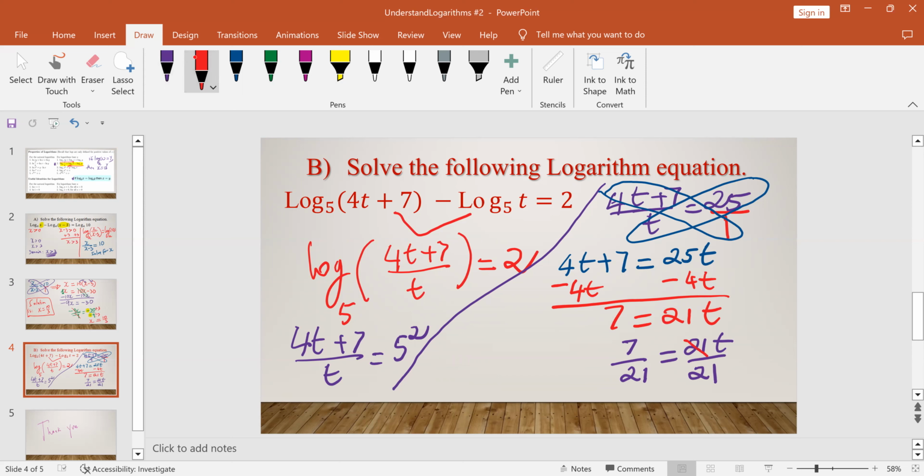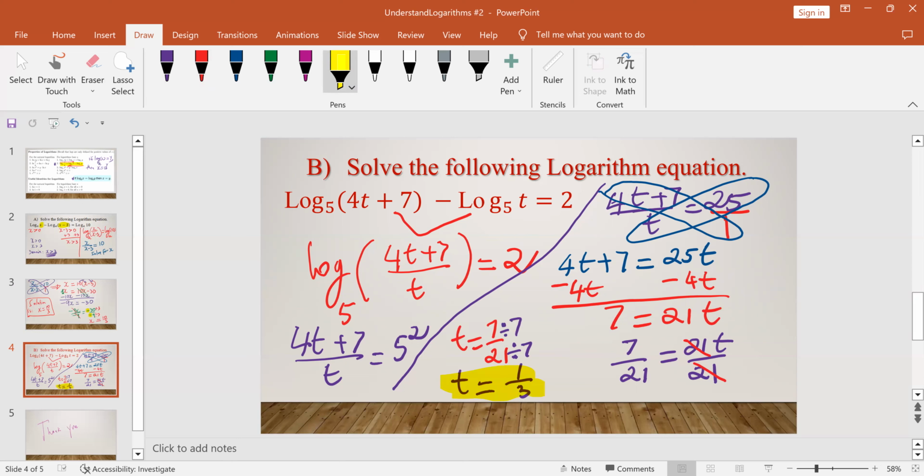So we see that 21 cancels out, and t equals, okay, t is equal to 7 over 21. Can we simplify this? Sure. So t will be 1 over 3. Why? Because we divide the numerator and the denominator by 7. We have t equals this.